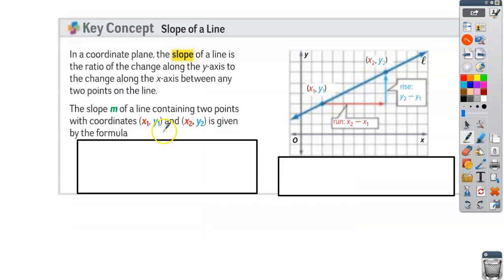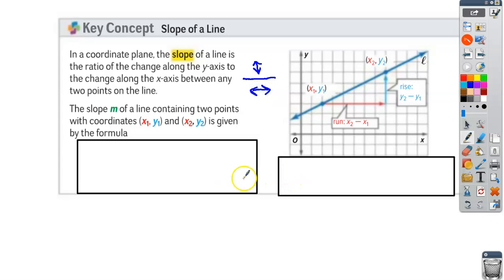So, in a coordinate plane, the slope of a line is the ratio of the change along the y-axis to the change along the x-axis between any 2 points. What that just means is a ratio is a fraction. Fraction of the change in y, which again is the up and down, over the change in x, which is the side to side.